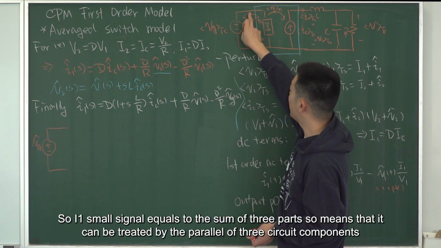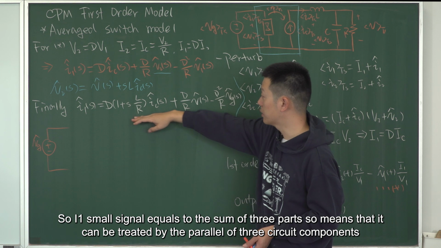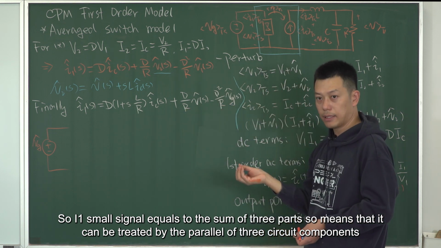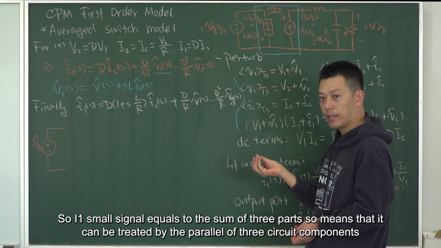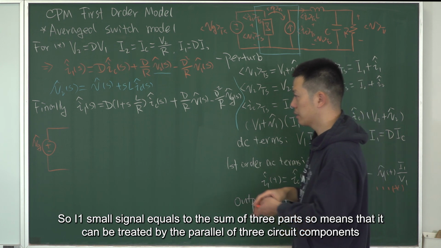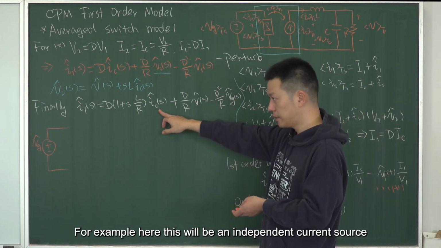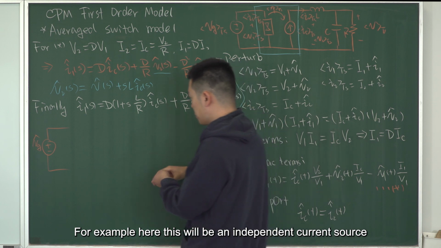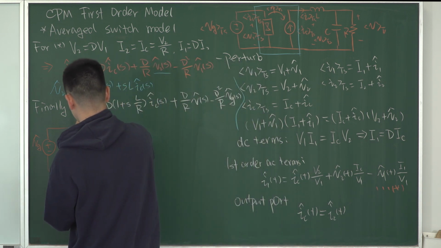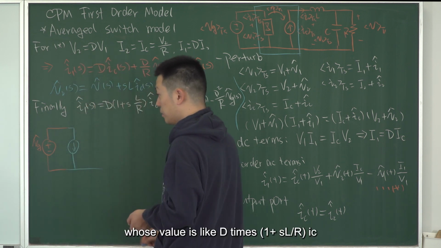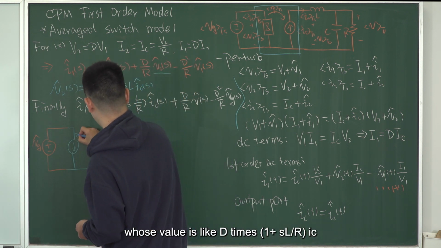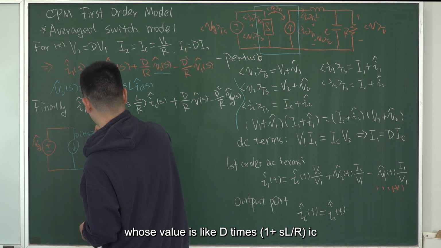So I1 small signal equals the sum of three parts. So it means that it can be treated by the parallel of three circuit components. For example, here this will be an independent current source whose value is D times (1 plus SL over R) IC cap.